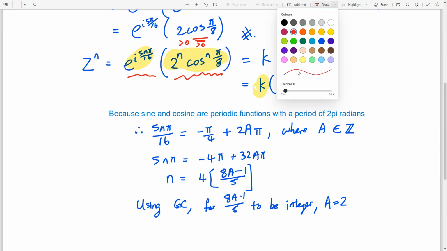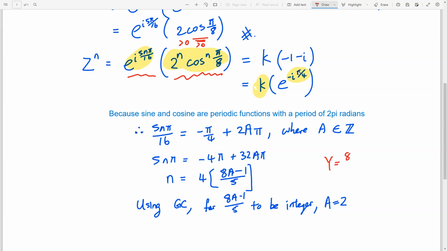You just use your GC: Y equals (8x minus 1) over 5, then do your table, similar to statistics. You see when a equals 1, you get 7 over 5, which is not an integer.